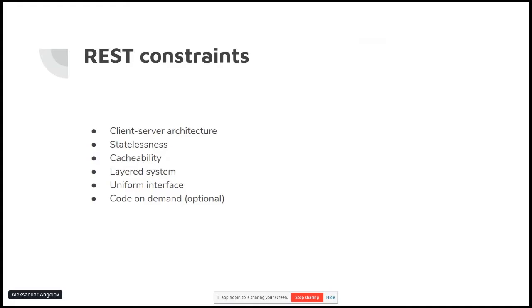So starting from the client-server architecture, the principle behind the client-server constraint is the separation of concerns. Separating the user interface concerns from the data storage concerns improves the portability of the user interface across multiple platforms.